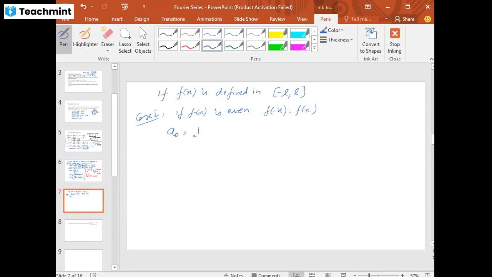A naught is 1 upon L integral minus L to L f of x dx.